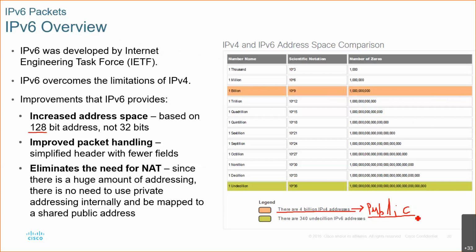4 billion is not enough. We have got more devices, and IoT is another thing. Every day we have new devices coming in. Every day, people are coming out with new technology, and every new technology means an IoT device connected to your network.